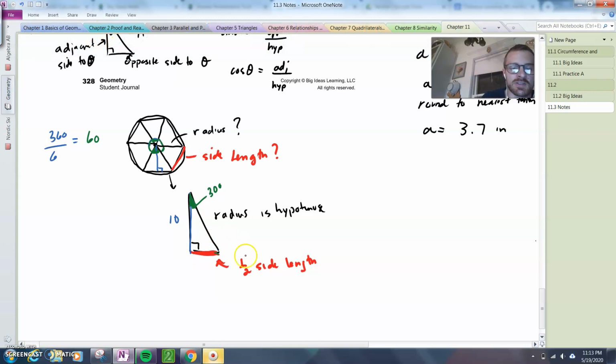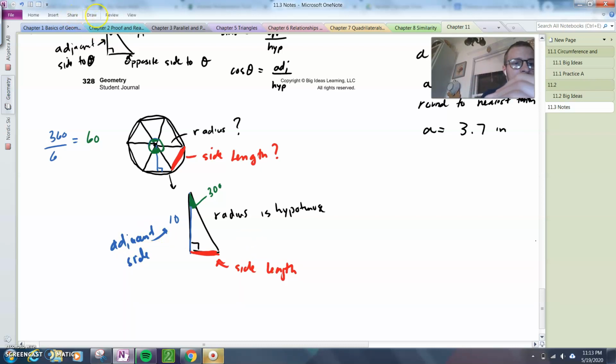I'm nervous writing half the side length. We'll double it to get the total side length eventually. Okay, so what I have here from the 30, remember the 10, this is my adjacent side. Sorry, my writing is tough on this.